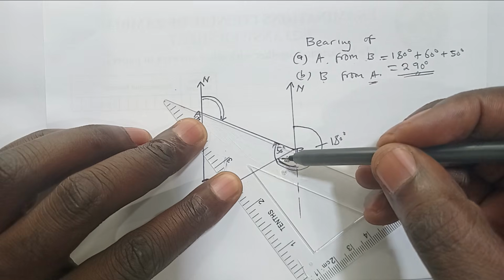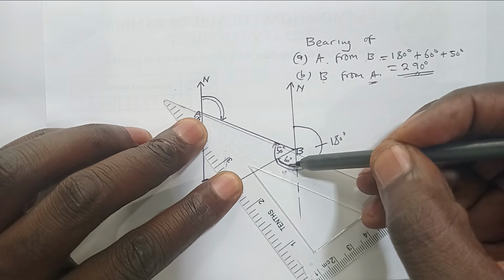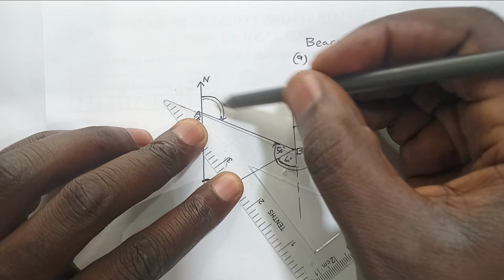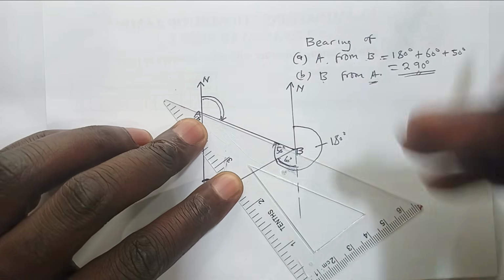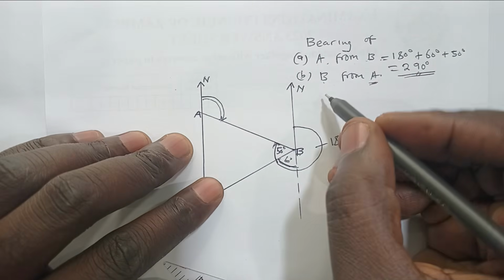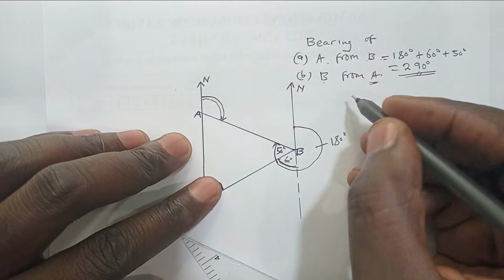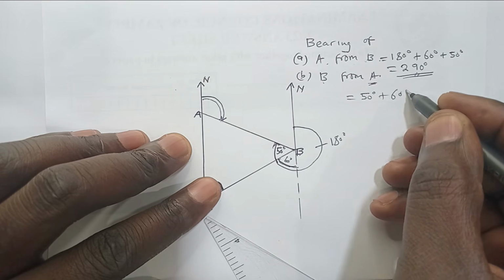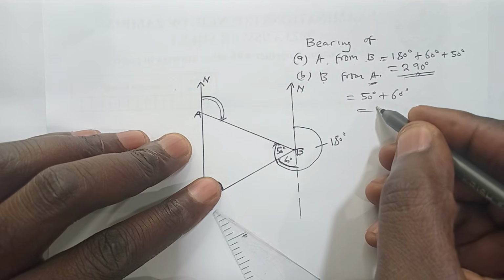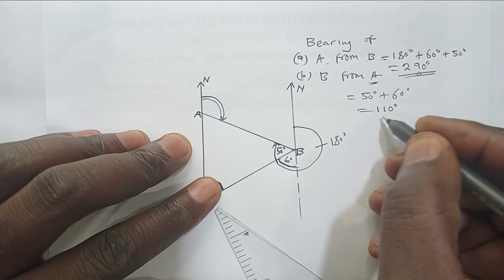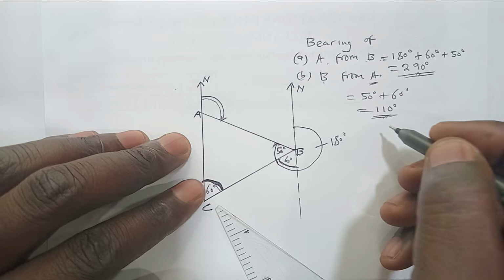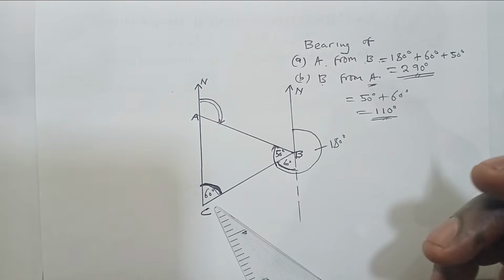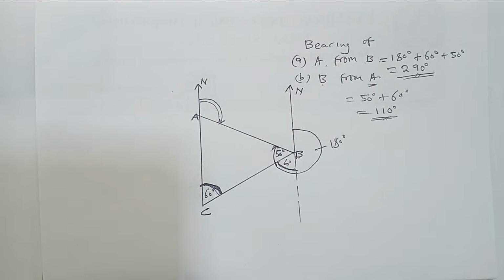So meaning if we add 50 plus 60 degrees, it is going to be the same as what we are going to have at this point. So we are saying the bearing of B from A is equal to 50 degrees plus 60 degrees, which is going to give us 110 degrees as a 3-figure bearing. So that is what is supposed to be done.